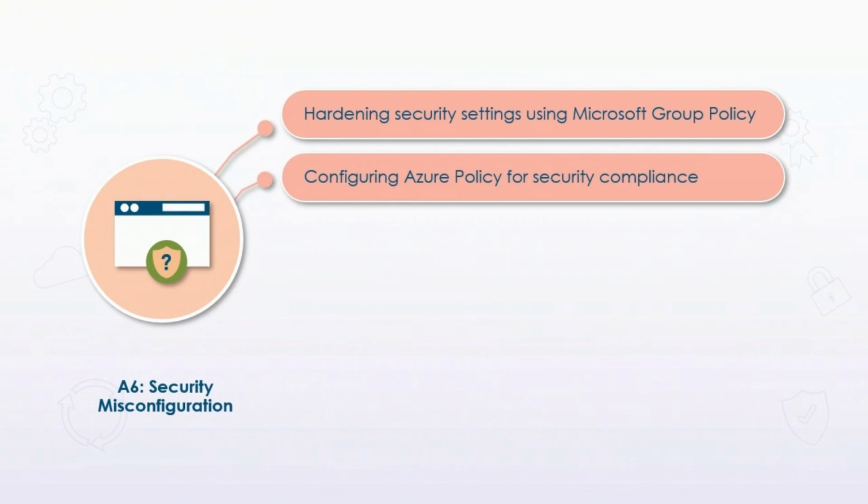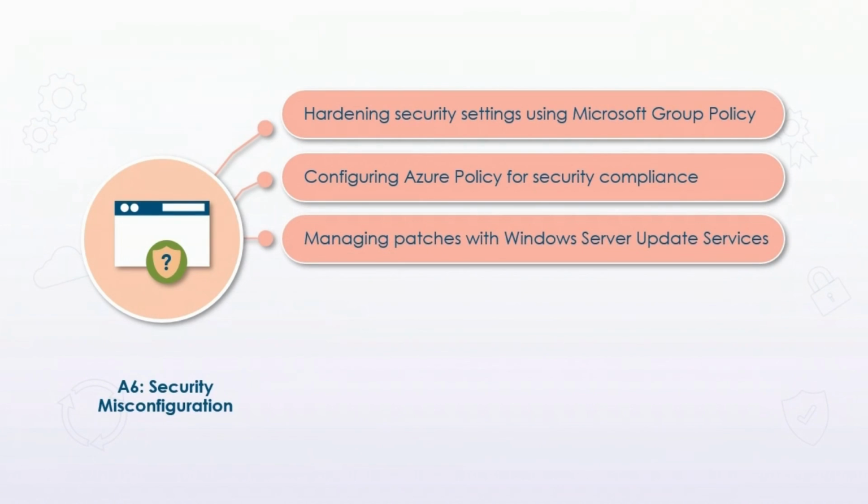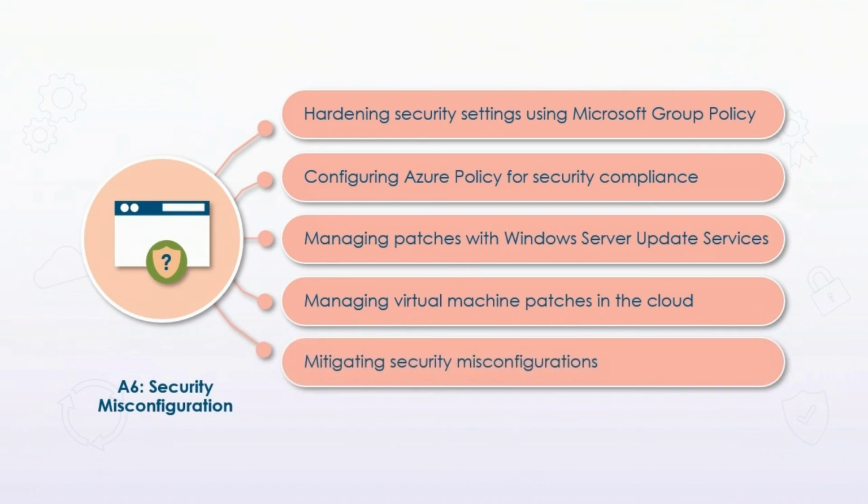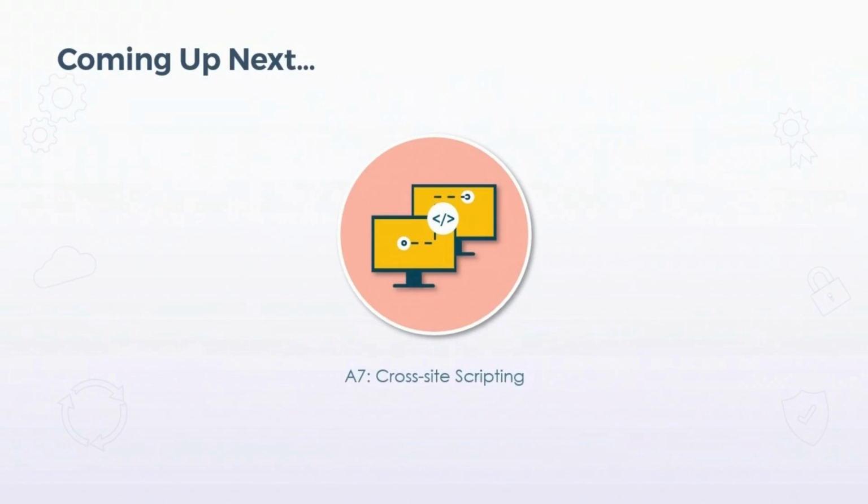We then examined how to harden security settings using Microsoft Group Policy, and we configured Azure Policy for security compliance. Next, we managed patches with Windows Server Update Services, and we also managed virtual machine patches in the Microsoft Azure cloud. And finally, we examined how to mitigate security misconfiguration. Hope you liked this video.